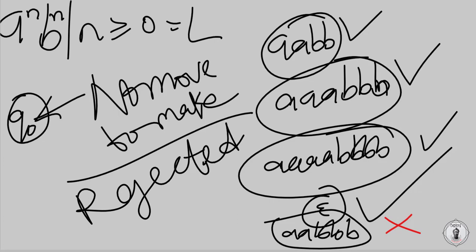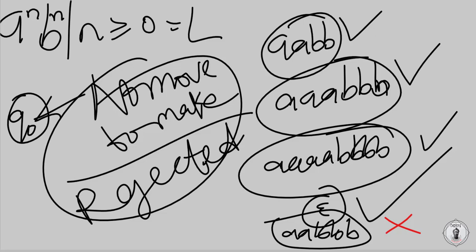That alone is sufficient to say that a language is rejected when you are stuck with no move to make, or you read all the inputs and you were unable to reach the final state.